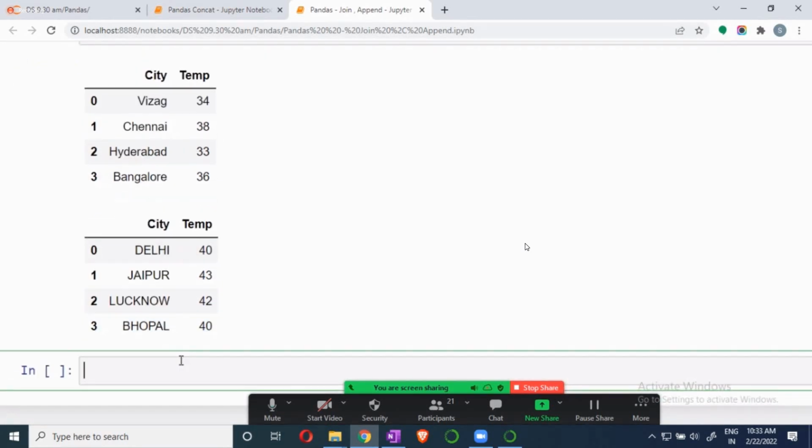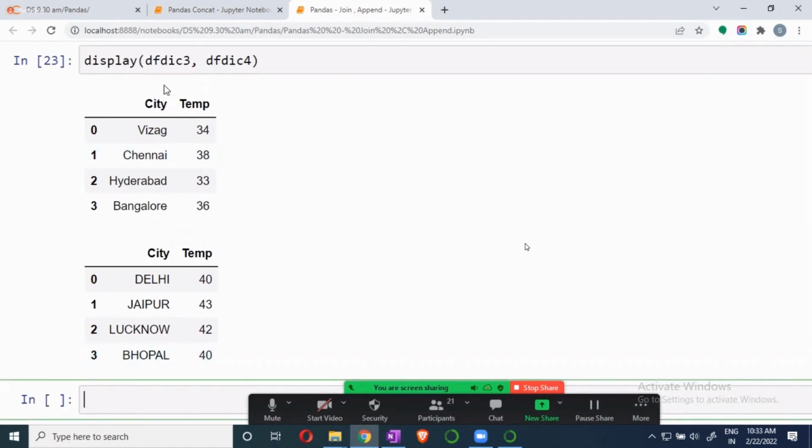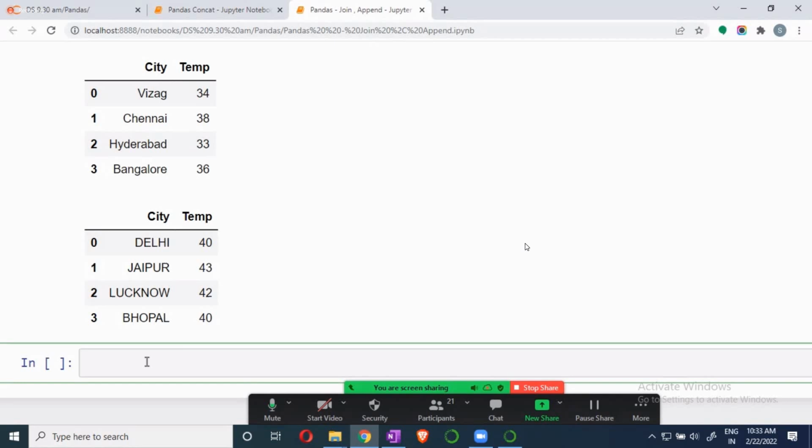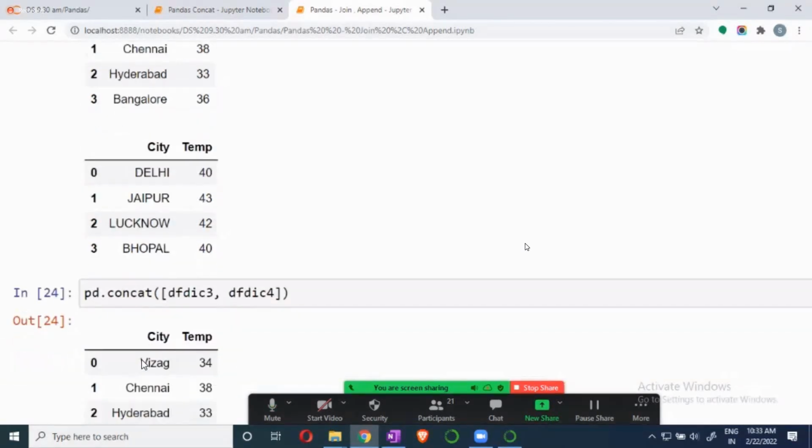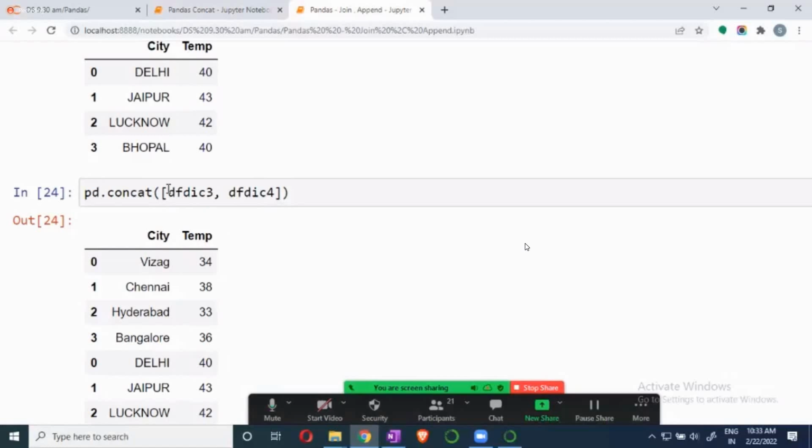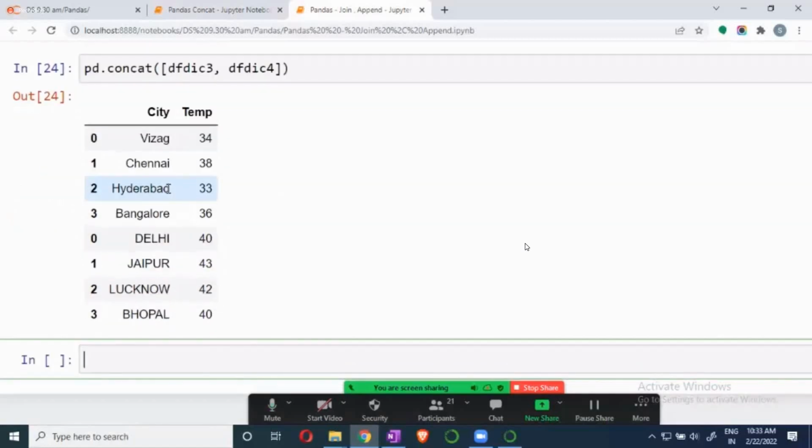Now, I want to append, I want to join them. How will I do it? By using concat, pd.concat of df_dic3, df_dic4. Guys, in merge we do not have the square brackets, remember that. Now what happened over here?